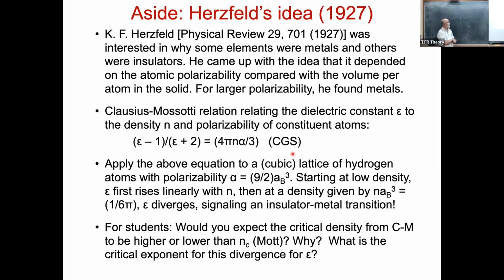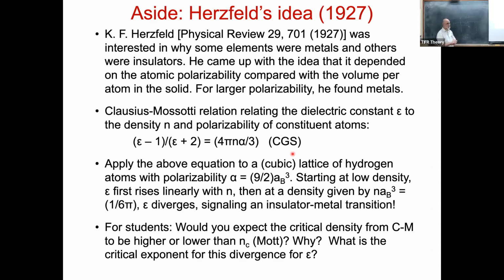But then it turns out that n a_B cubed is 1 over 6 pi, given that polarizability, epsilon diverges. And of course, infinite dielectric constant gives you a metal. So this is another way of getting a metal, starting from the insulator, in terms of the polarizability of your material getting bigger and bigger as you get to higher density of dopants.